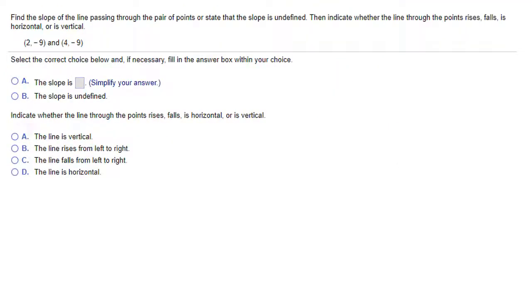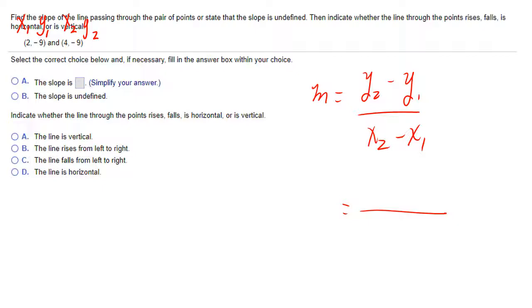Question number 2 uses the same general formula: y2 minus y1 over x2 minus x1. The first ordered pair is my x1, y1. The second ordered pair is my x2, y2. So I substitute in the values. I have a -9 and another -9 as the y coordinates. Remember, we must subtract those.